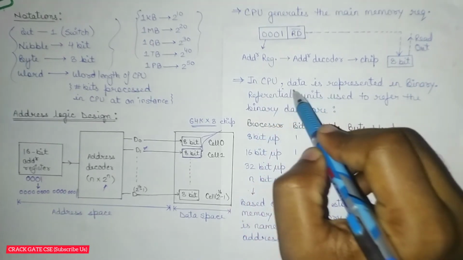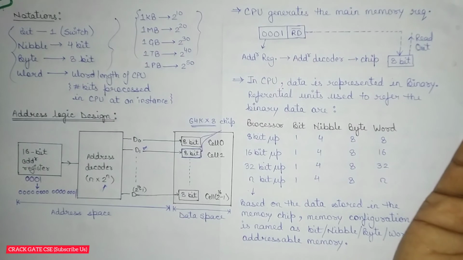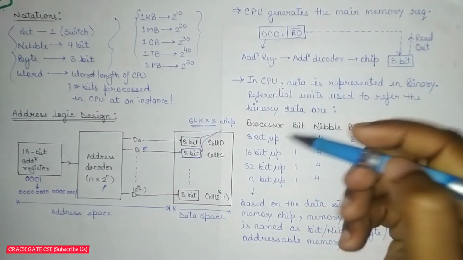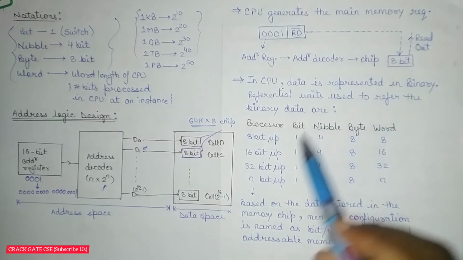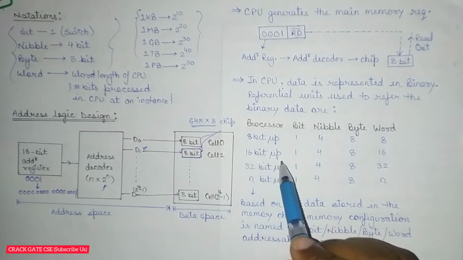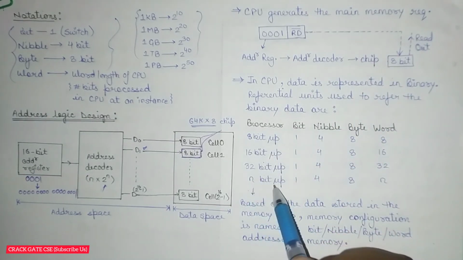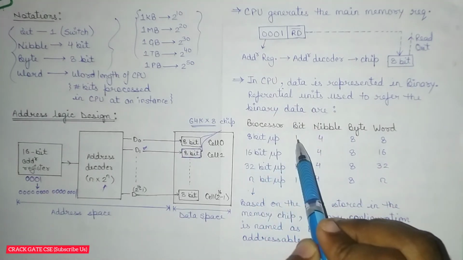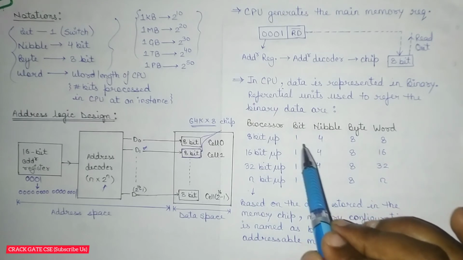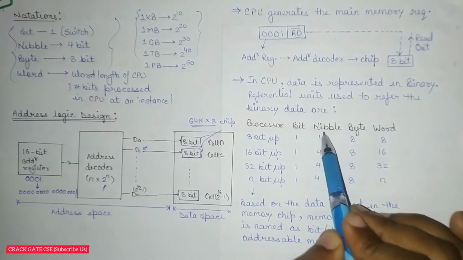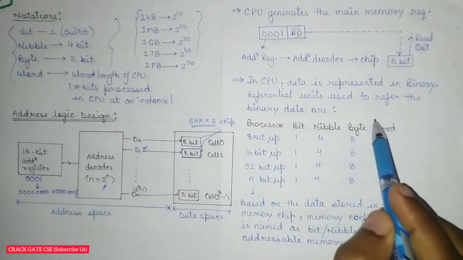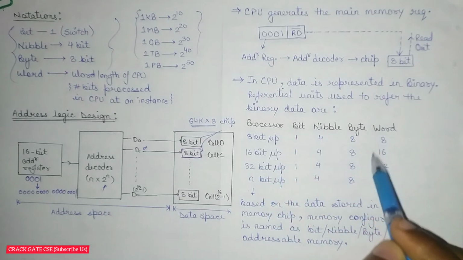In the CPU the data is represented in binary format. So referential units are used to refer to the binary data. These are the referential units, like 8-bit microprocessor, 16-bit microprocessor, 32-bit microprocessor, and n-bit microprocessor. In an 8-bit microprocessor, bit is always fixed as one unit, nibble is 4 bits, and byte is 8 bits. But what about the word?